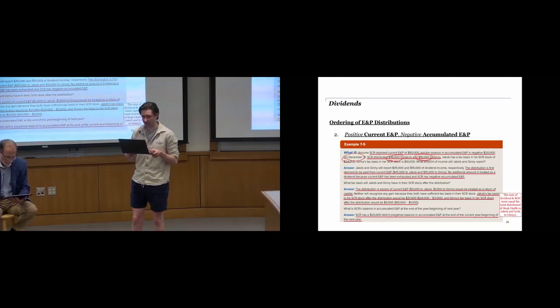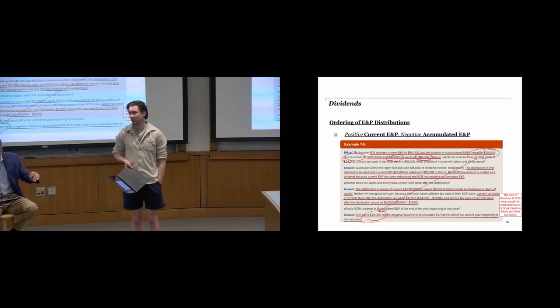The last question, what is SCR's balance in accumulated E&P at the end of the year, beginning of next year? SCR has a $20,000 deficit balance in accumulated E&P at the end of the current year, beginning of the next year. And basically, the sum of the dividend and ROC must equal the total distributed of $64,000 from earlier, the $48,000 to Jacob, $16,000 to Ginny. And so that balance in accumulated E&P didn't change, right?